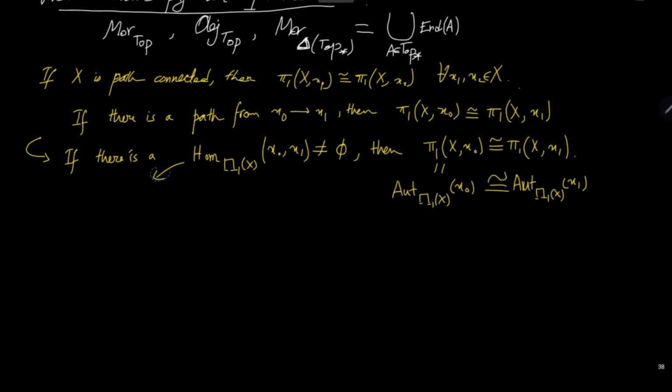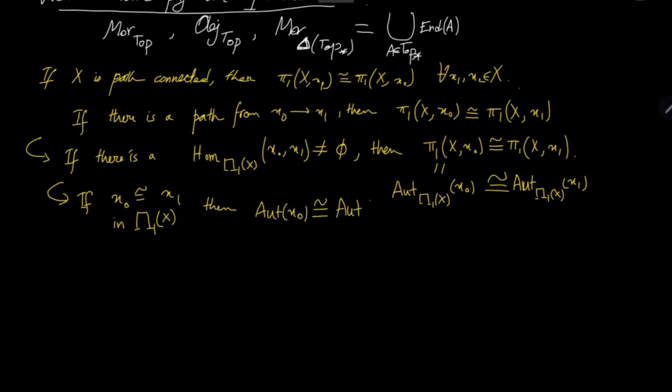Since we know that pi 1 of X is a groupoid, we know that if the Homset of these two is non-empty, so x0 is isomorphic to x1 in this fundamental groupoid as objects, that is, there is a path between them, then Aut of x0 is isomorphic to Aut of x1 in that same category.